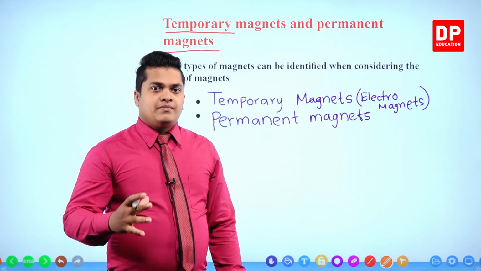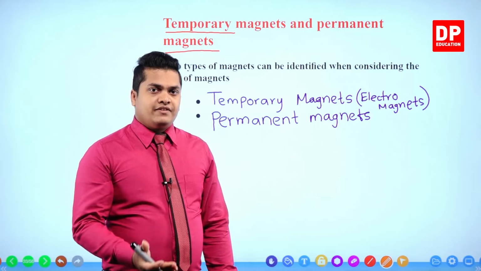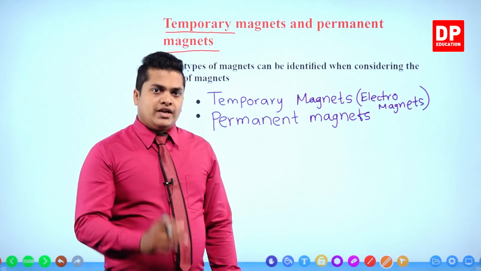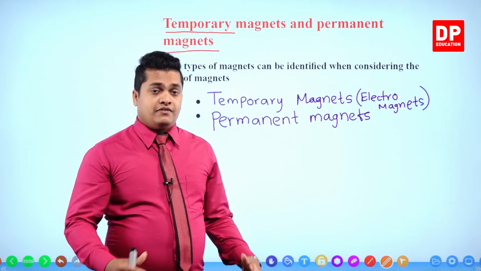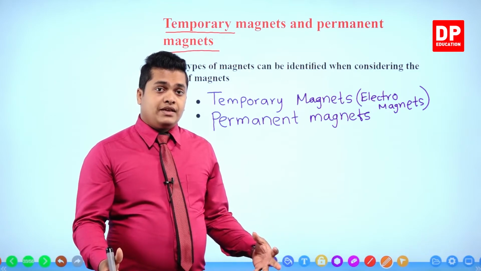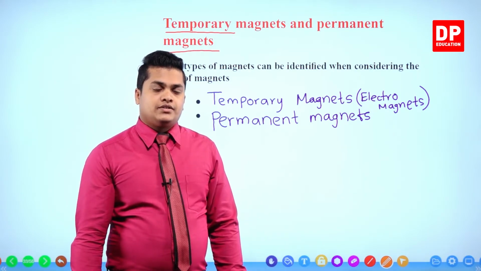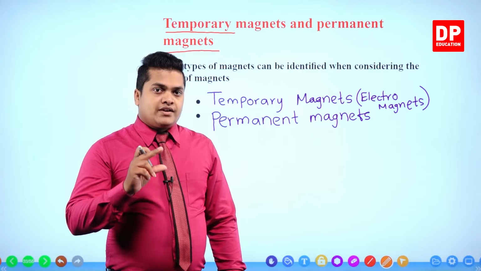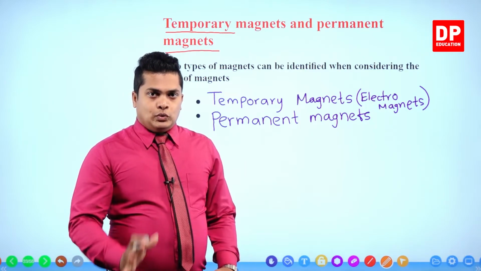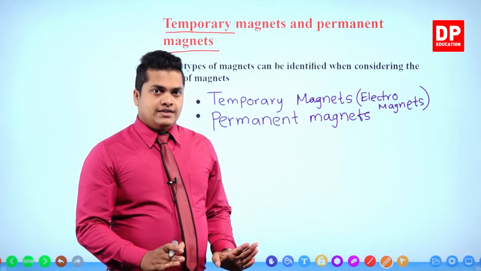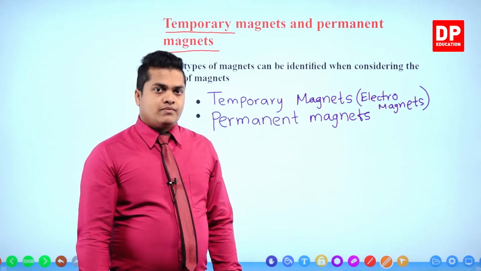It means that as time passes, its magnetic field is going to fade away within a short time period, not a long one. If it lasts for a longer time period, then it is referred to as a permanent magnet. If the magnetic power is lost within a short time period, then it is referred to as a temporary magnet.